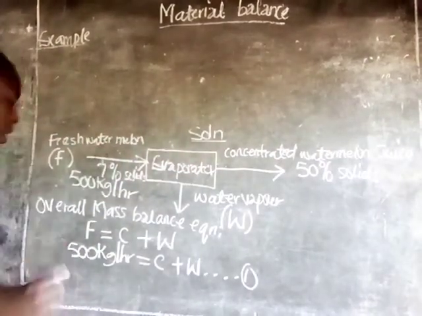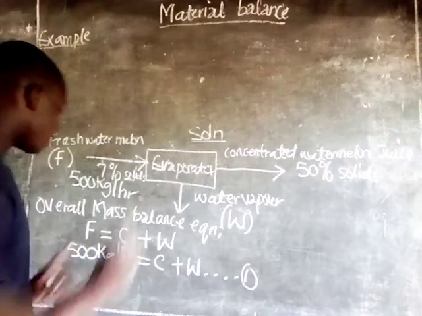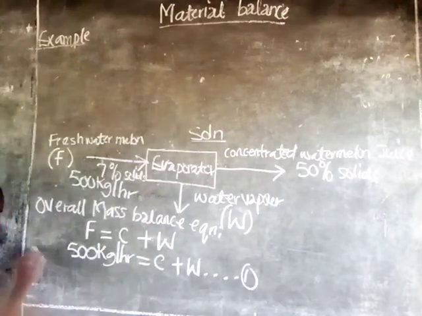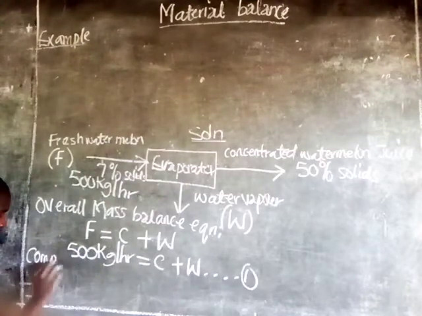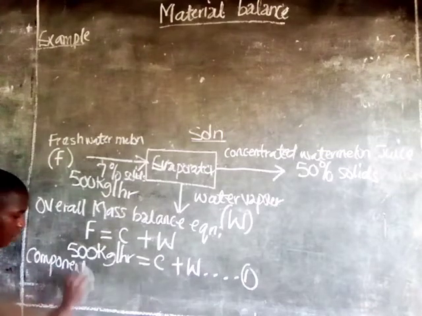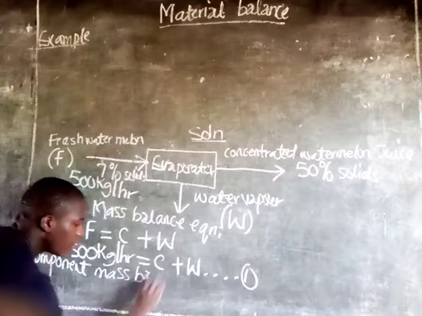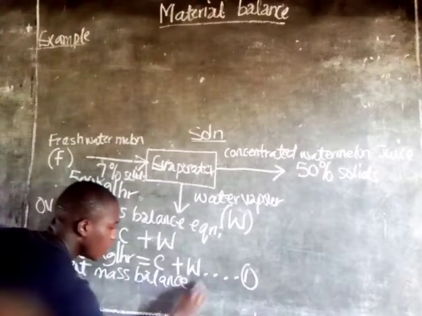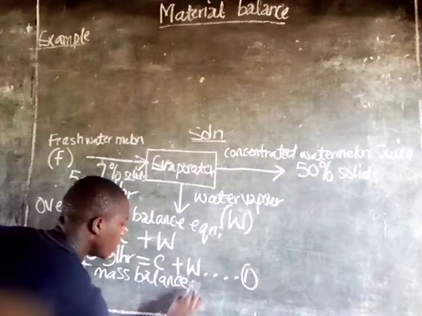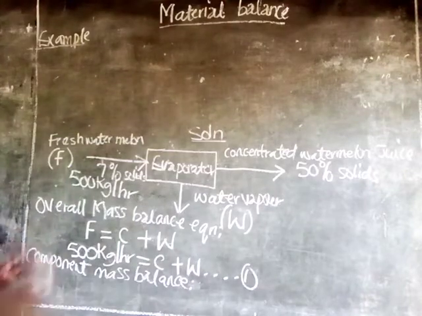And now the next thing we are going to form is our component mass balance equation. So we now say component mass balance, our component mass balance.